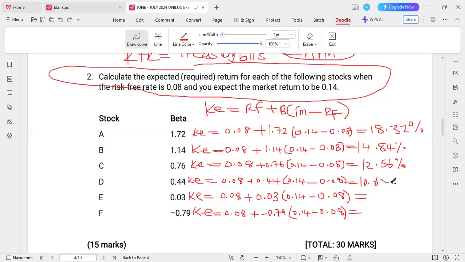Getting down to the other one, we are getting 8.18%. Then we are getting down to the other one, and it is giving us 3.26%.